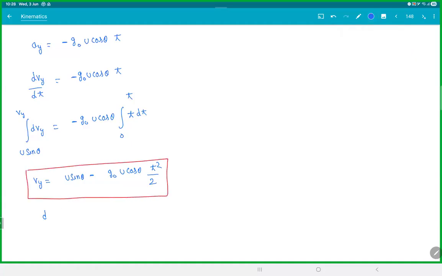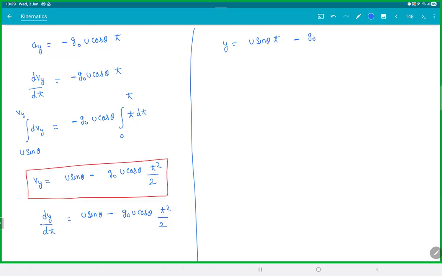This can be written as dy by dt equals u sin theta minus g naught u cos theta t square by 2. At this point, once you got this in terms of time, then it is just brute force integration. Integrate this again. So y coordinate will be u sin theta t minus g naught u cos theta t cube by 6. This is your y coordinate as a function of time.